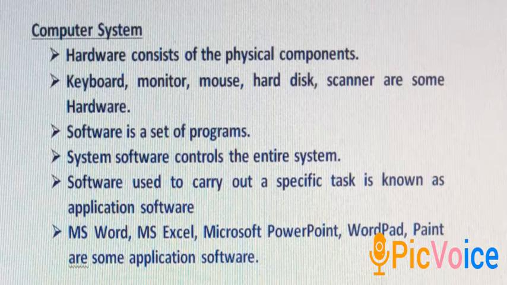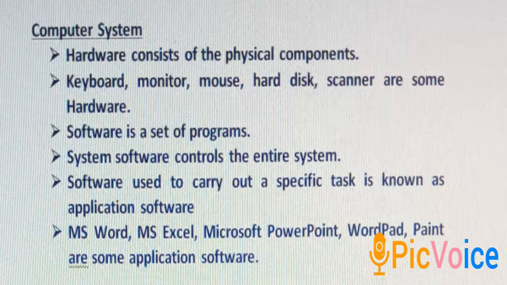Computer system. Hardware consists of the physical components: keyboard, monitor, mouse, hard disk, scanner are some hardware. Software is a set of programs.